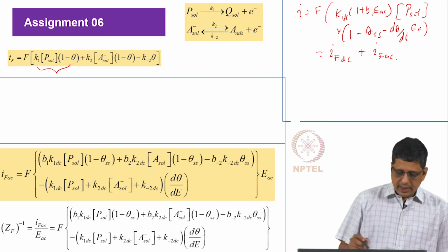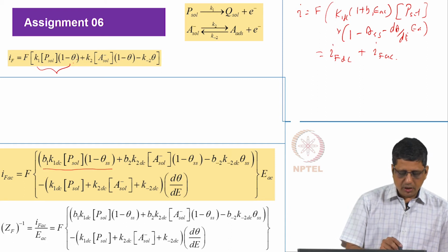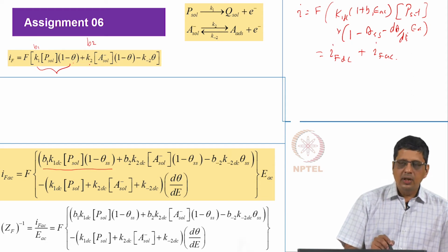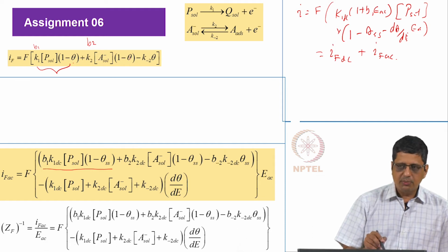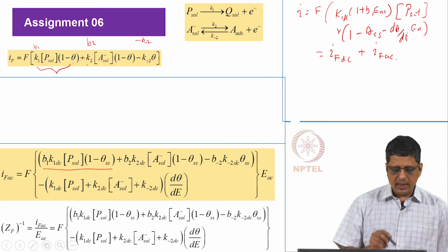The AC component, when you group them, you are going to get B1 K1 P solution 1 minus theta. So, it is going to be B1 multiplied by this term, B2 multiplied by this term evaluated at a constant DC potential, and that corresponds to a constant theta, that is theta SS, and you are also going to get minus B minus 2 K minus 2 theta SS, and that is going to have terms without d theta by dE.